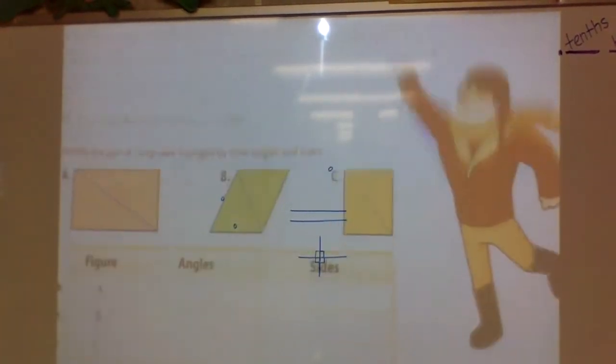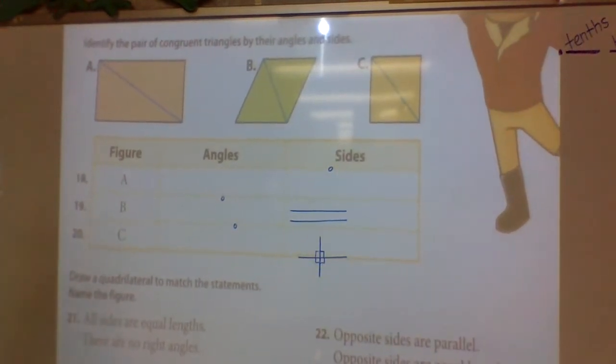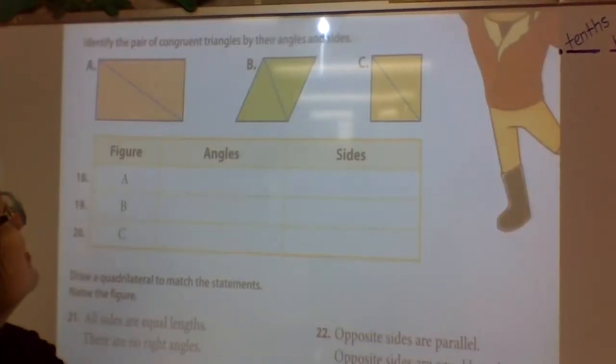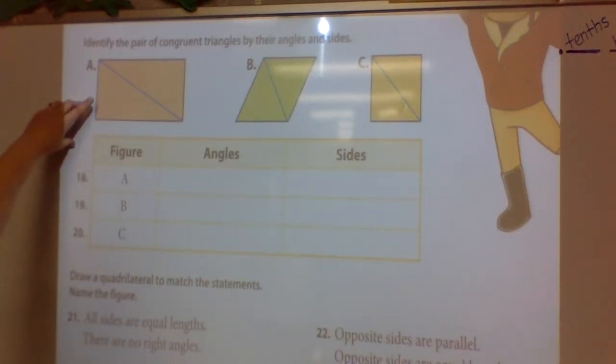Okay? Then it says to identify the pair of congruent triangles by their angles and sides. I'm trying to figure out what they want us to do here. I'm not sure what they want here.